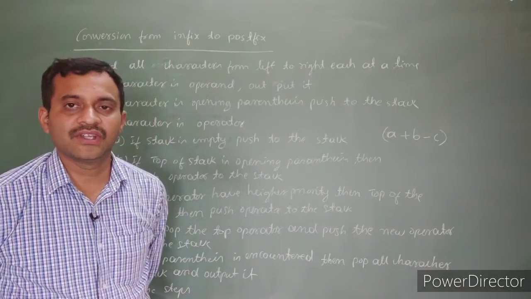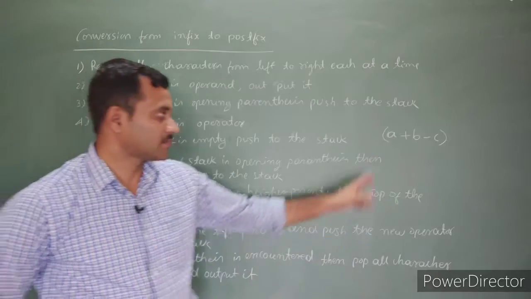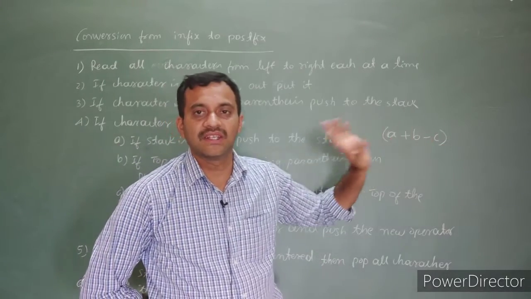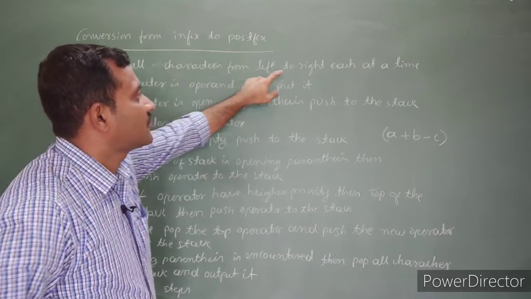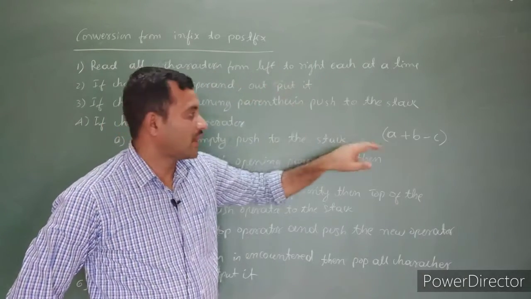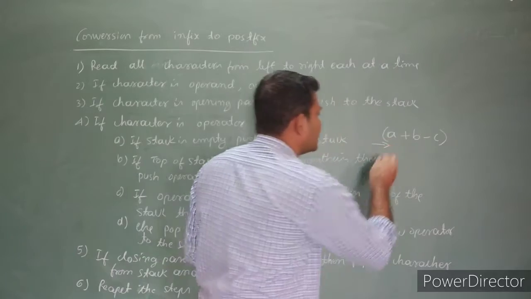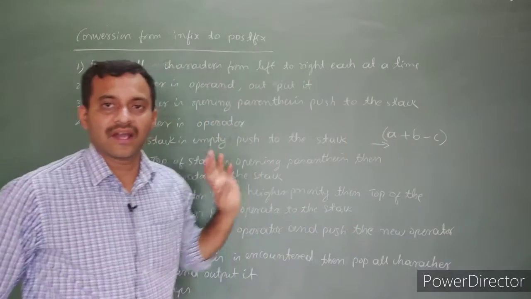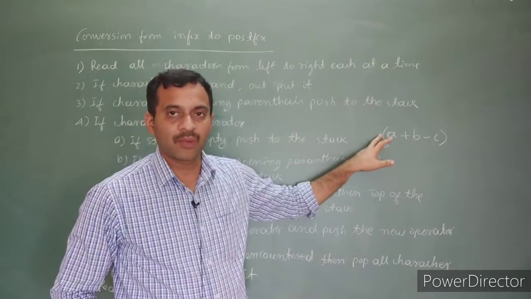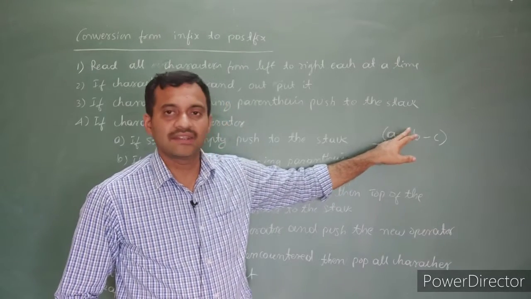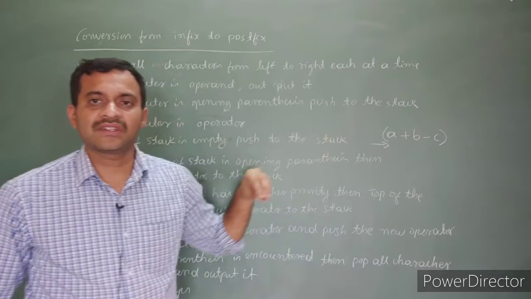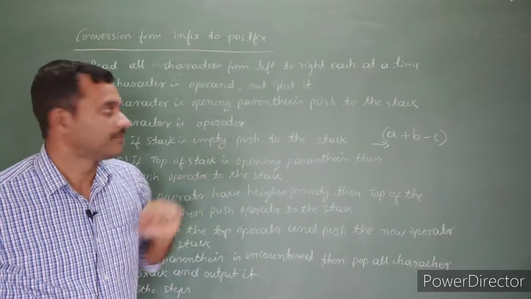See here one example of an infix expression: a plus b minus c. What is the meaning of reading all characters from left to right, each at a time? We start from left to right, each character at a time. Like this, we have to access each character at a time.